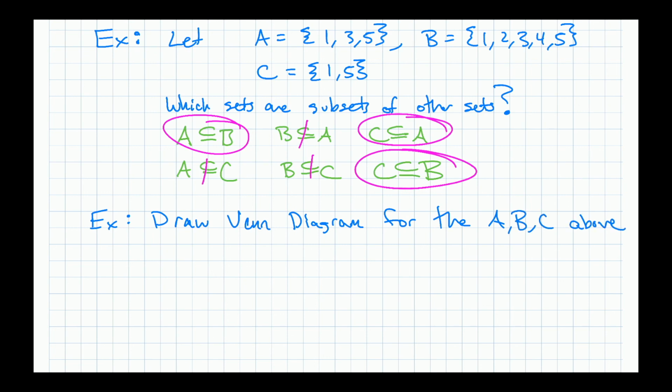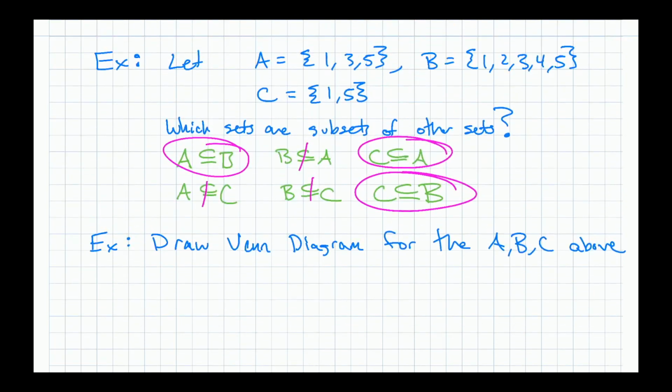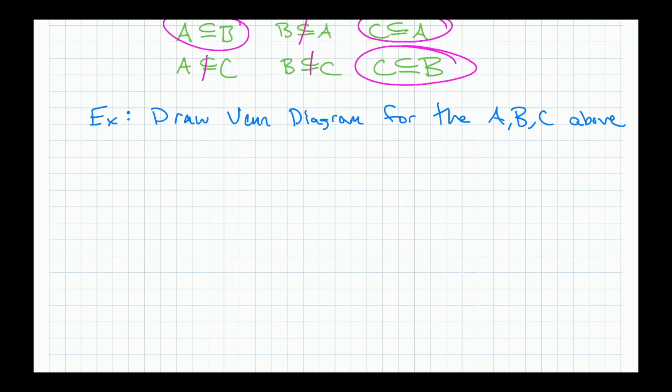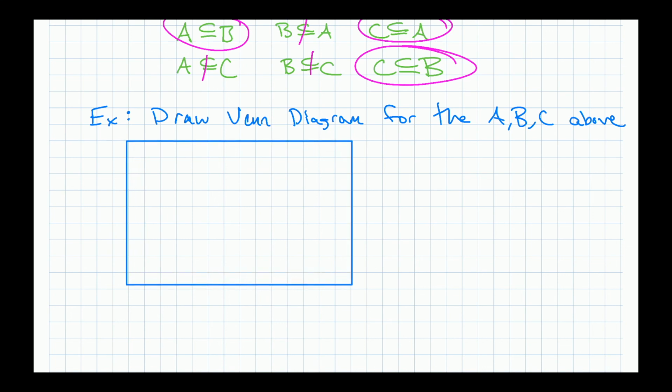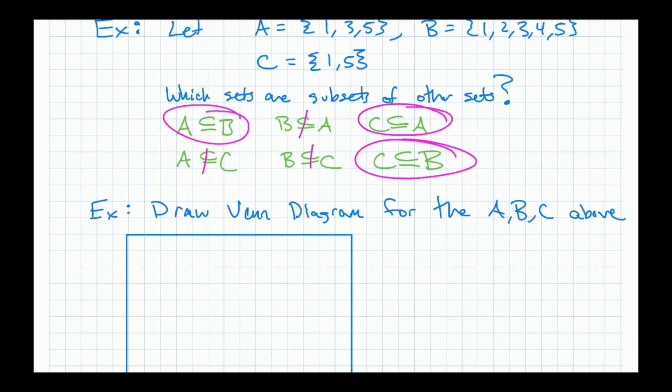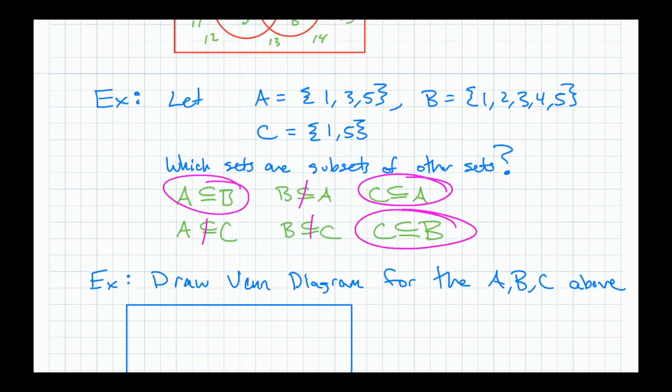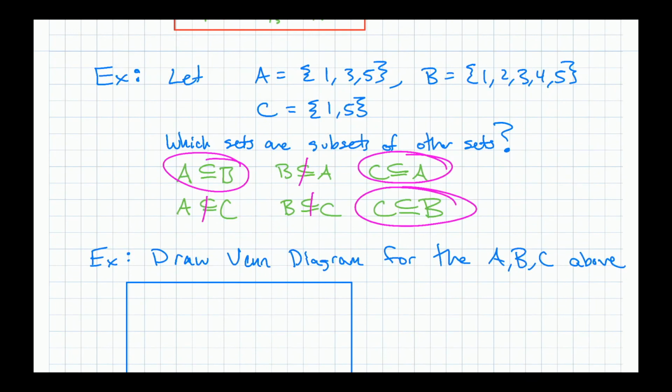All right. So without even writing what the universe is, because it's usually not necessary, let's just draw a universe. Okay, there it is. And what we need are an A, a B, and a C. It's a little bit tricky here.